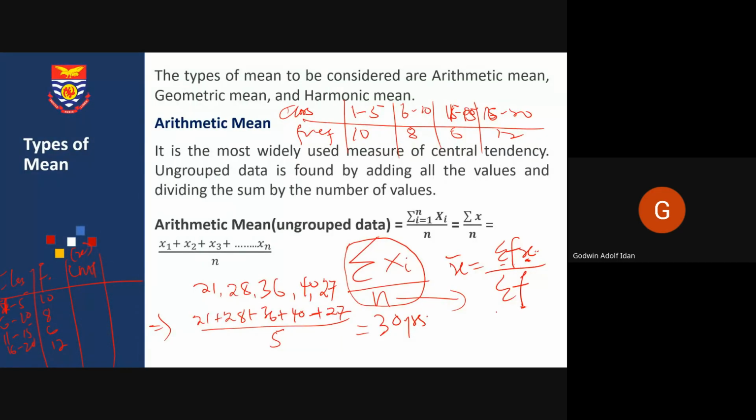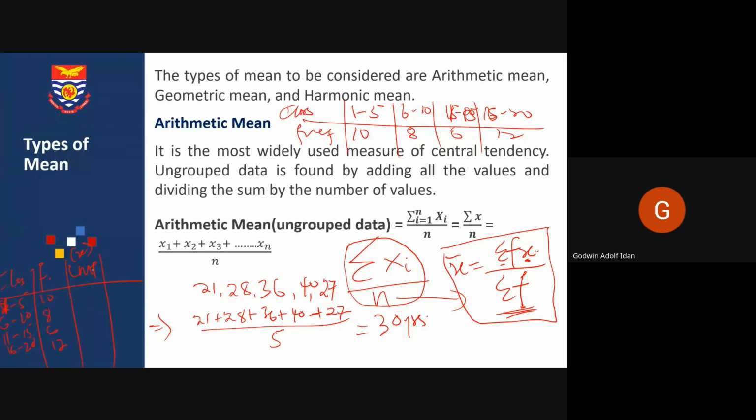Because we want to use this formula, once it comes with frequency, we cannot use the first one, so we have to rely on this formula. And by doing so, you have to construct this table. The table will simplify your solution, and it will come with the class, the frequency, and then you have to compute the class midpoint, just like we saw under the graphical approach.